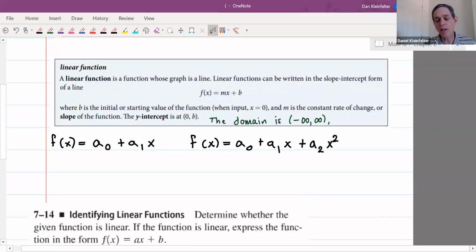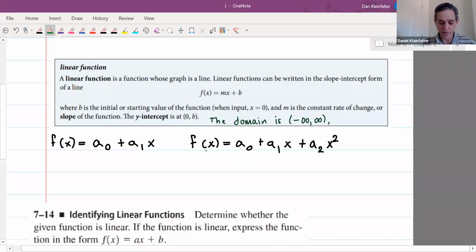I wanted to mention also that you may see different notations for this kind of standard look of a linear function. We're used to seeing mx plus b, but there are other ways of expressing it. You might see a0 plus a1x instead. The reason why you might see that, the y-intercept being a0 and the slope being a1, is that it generalizes easier if you want to make a polynomial function of higher degree.